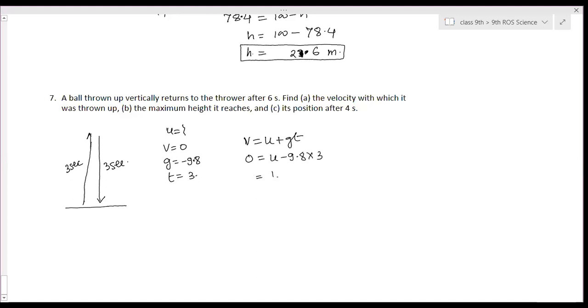So u is equal to 29.4 meter per second. H is equal to ut plus half gt square, or you can take u square, that's fine. 29.4 into 3 plus half into minus 9.8 into 3 square.